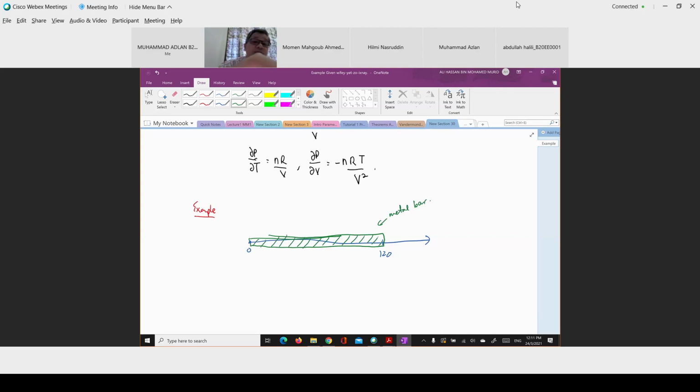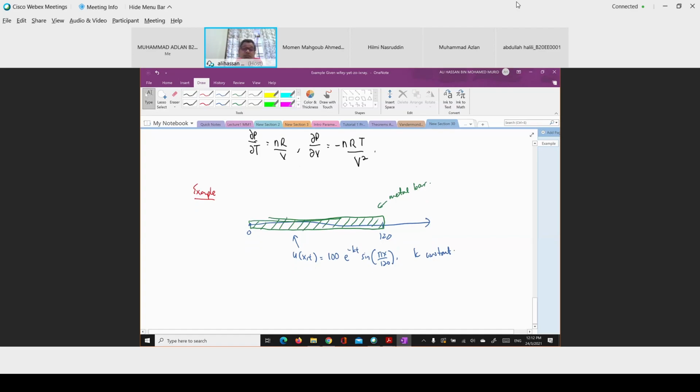And suppose the temperature varies from point to point and is described by u(x,t) equal to, for example, 100 e to the minus kt sine of pi x over 120. So k is some constant.